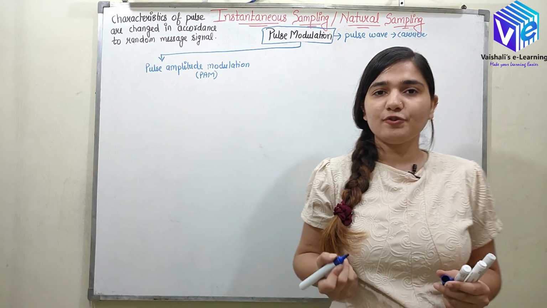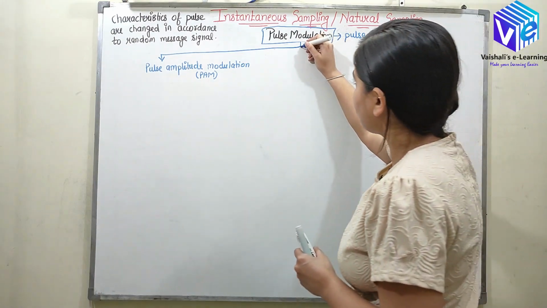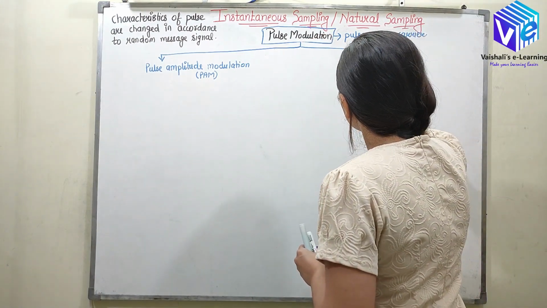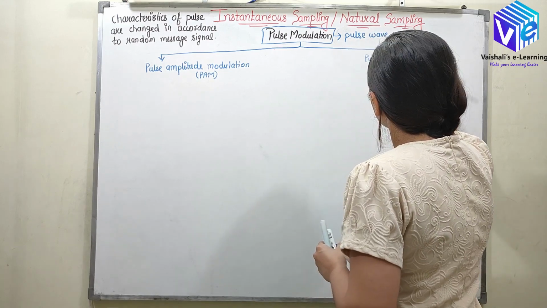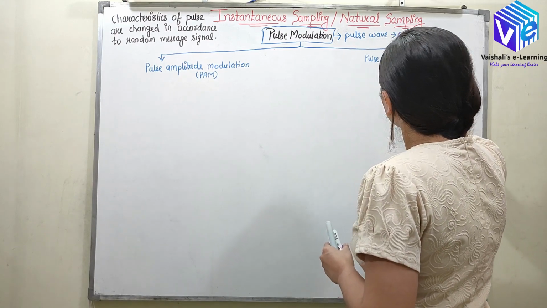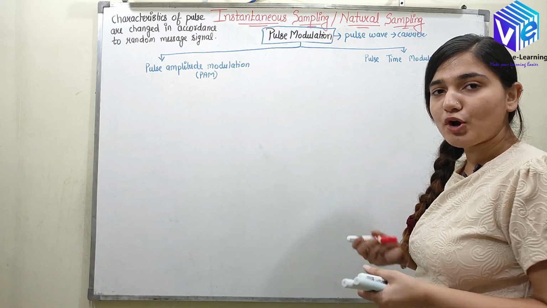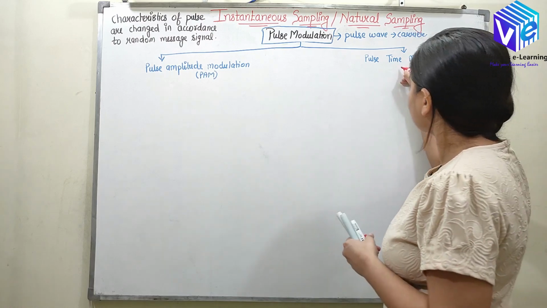Now the second type would be pulse time modulation. Now the pulse time modulation is further classified into two types.